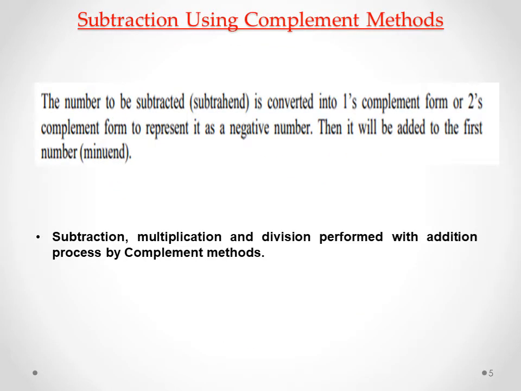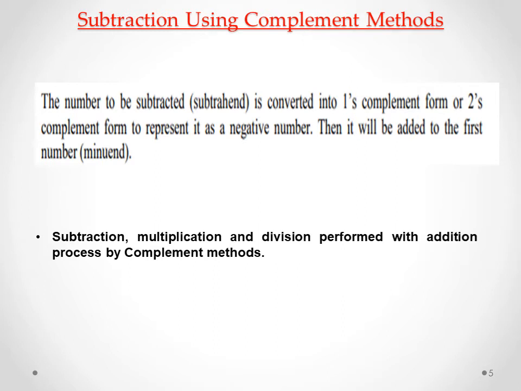The number to be subtracted is converted into one's complement form or two's complement form to represent it as a negative number. Then it will be added to the first number. Why we are using complement method to perform subtraction: in normal binary subtraction method we are using the subtraction process to perform the subtraction.